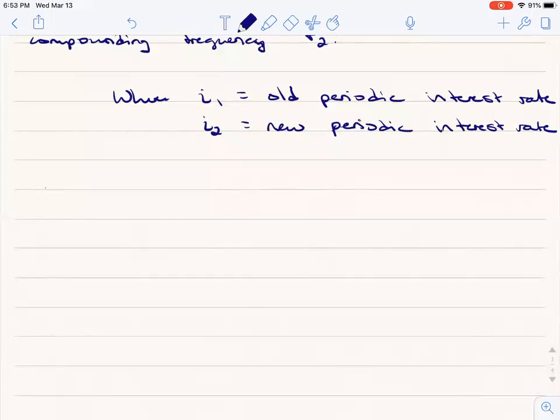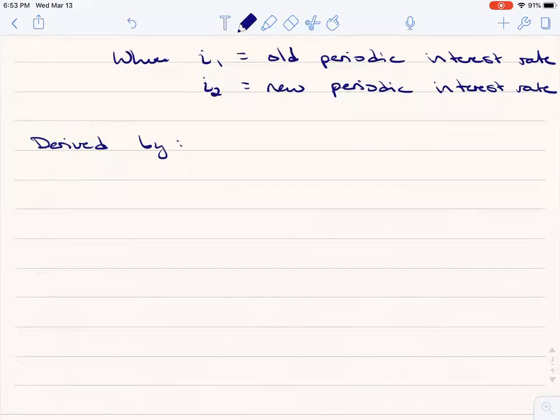So, derived by, we said that the effective rate of the first is equal to the effective rate of the second. So we can start there and say, okay, well, the effective rate of one has to be equal to the effective rate of the other. Okay.